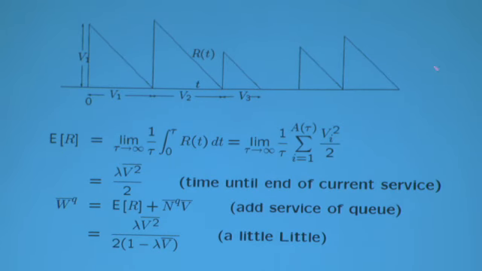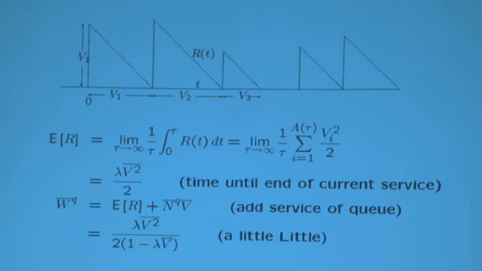So I sum all of these up, and now I ask the question, what is that sum going to be in the limit as tau goes to infinity?